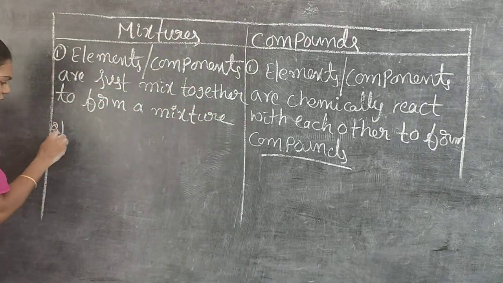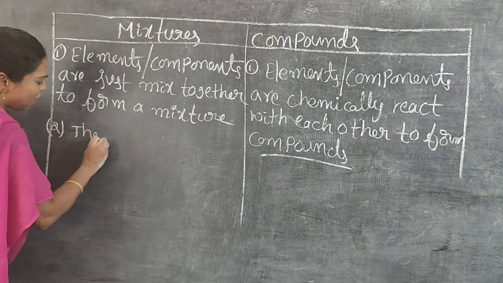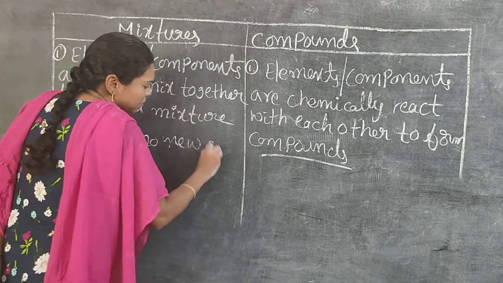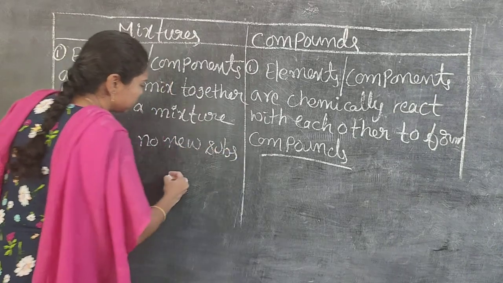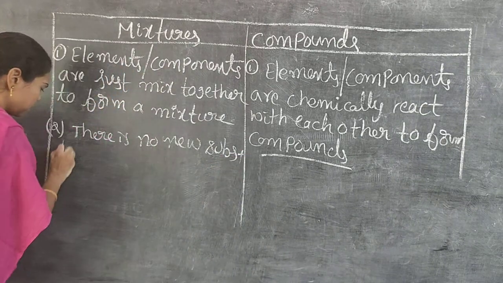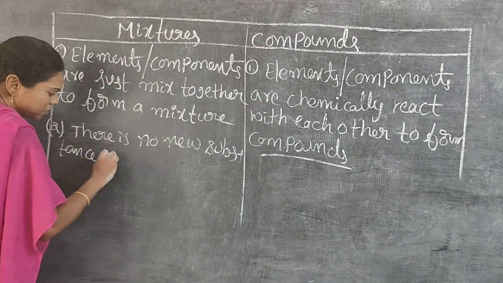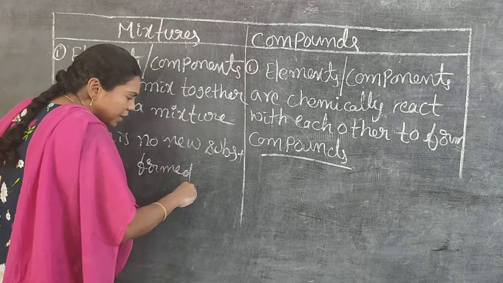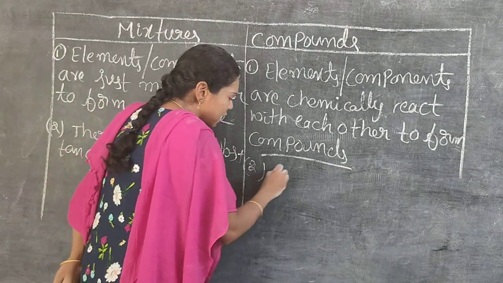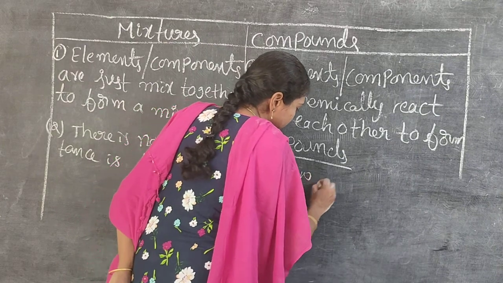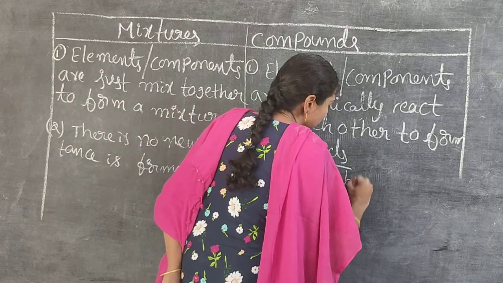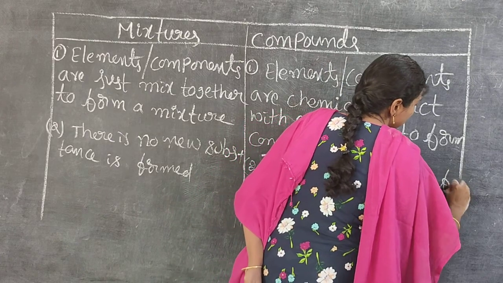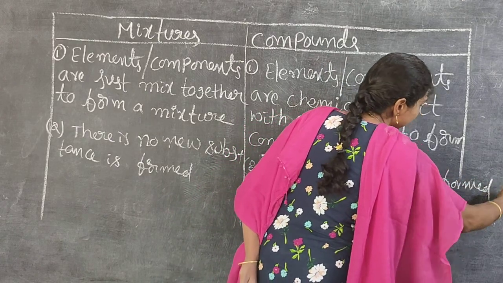That's why in a mixture there is no new substance formed, while here always new substances, or products, are formed. Are you understanding now?